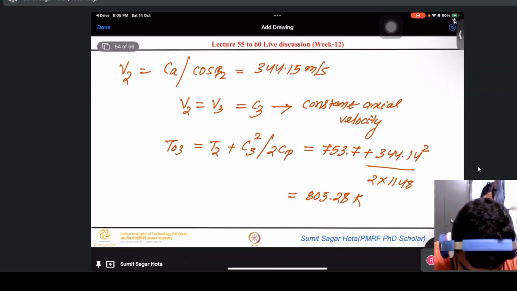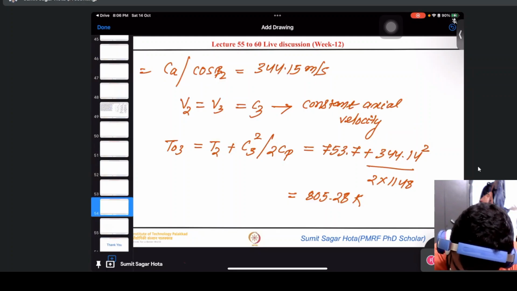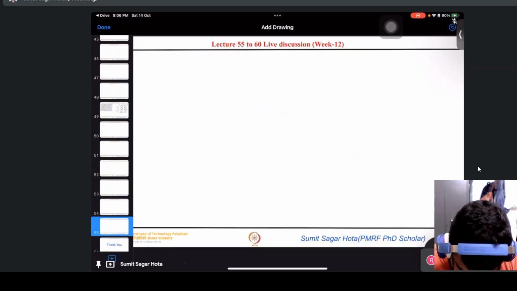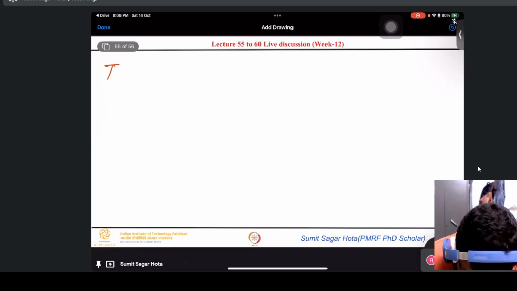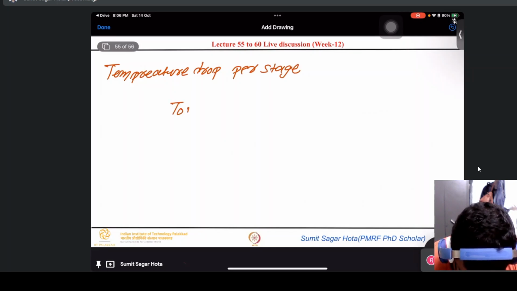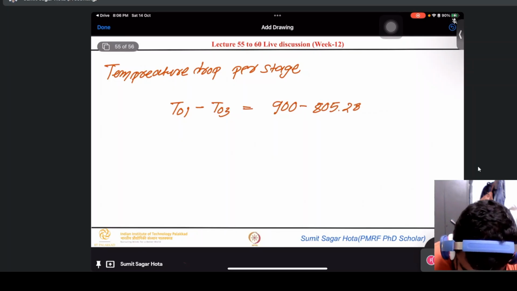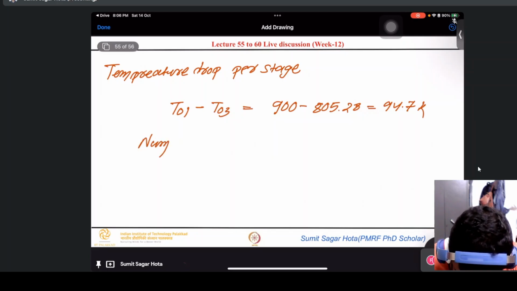Okay, so now the temperature drop for a stage: T01 minus T03 is equal to 900 minus 805.28, which is 94.7 Kelvin. So what is the number of stages formula?